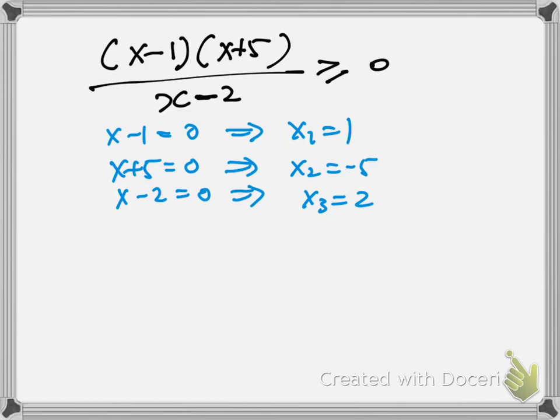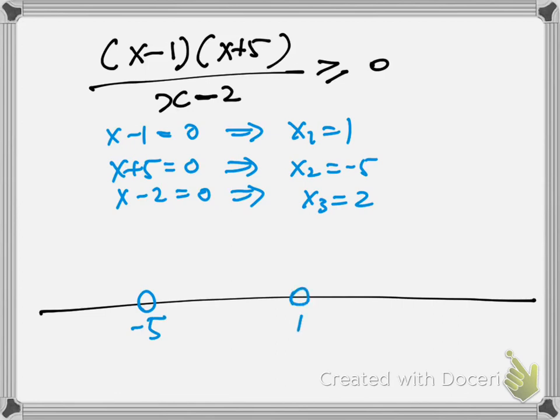Now let's cut the number line. It's 3 numbers. So here is -5, here is 1 and 2. And then let's test. If x is 10, what happens on the right? 10 minus 1 is 9, 10 plus 5 is 15, 10 minus 2 is 8.